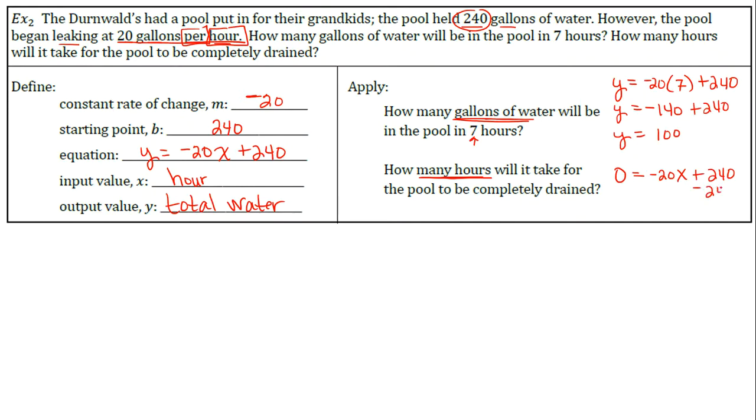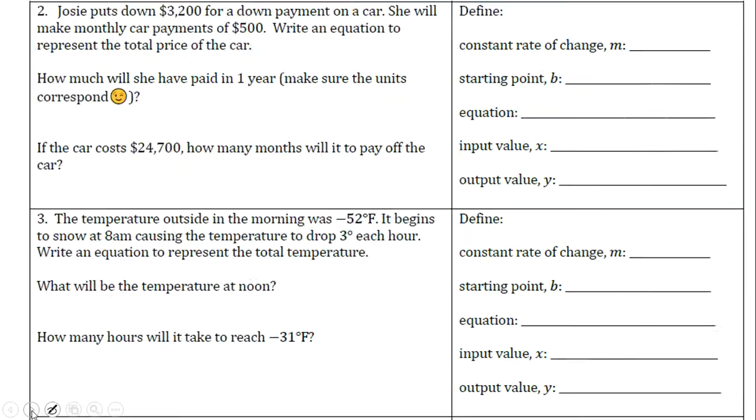We need to subtract out the 240. Divide each side by negative 20 to isolate our x value. And we get a positive answer here. It's going to be 12 hours so that there's no water in the pool. Now you guys try these.